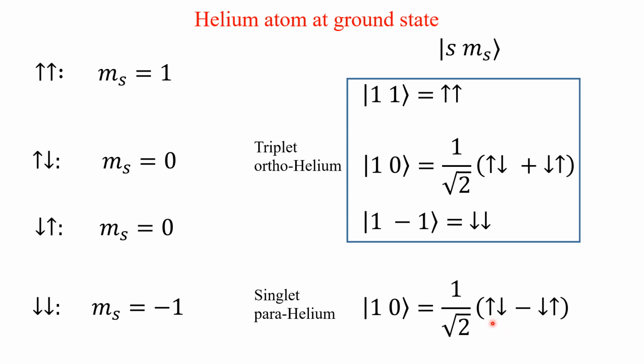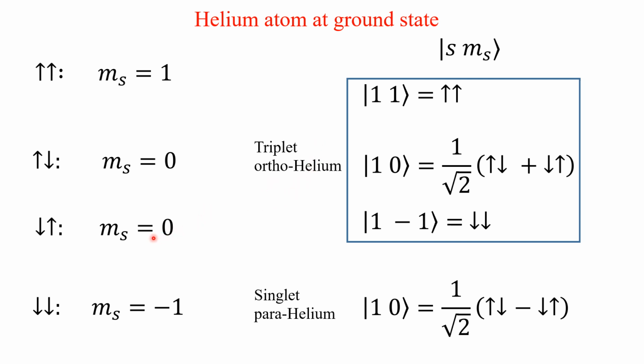The spin up spin down is plus, and minus, here also 0. So it indicates that it is antisymmetric. This singlet state is called parahelium, and this triplet state is called orthohelium.